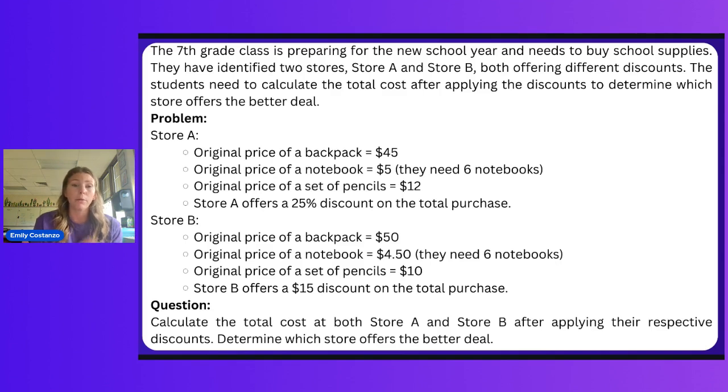So not only are we working with percents, we are working with integer operations, we're working with decimals, a lot of different ideas applied here. So it really gets the kids thinking about what they have to do. Then it says to calculate the total cost at store A and B, and then determine which store offers a better deal. From here, you could have the kids take a picture of their work and then individually explain it.